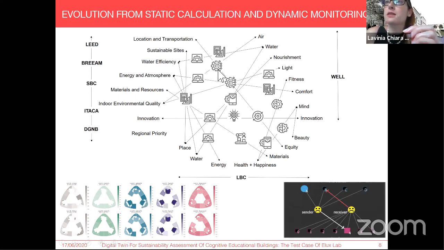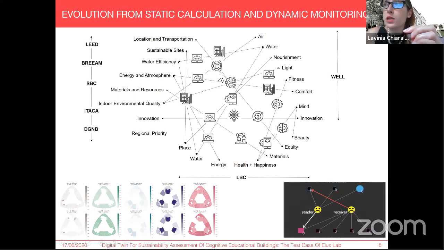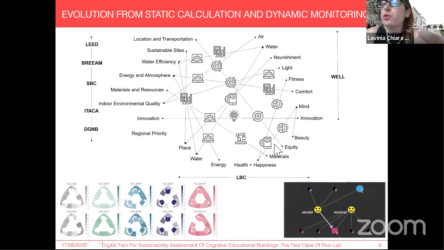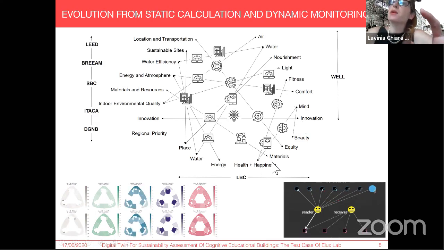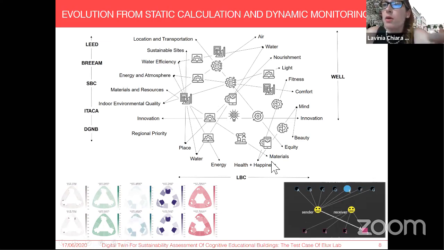So the idea is that for some of these criteria, it's possible to insert sensors or collect, for example, information from the users for the section of fitness, or maybe about mind or health and happiness, that are more related to user satisfaction and can be collected through an app or other kinds of tools.